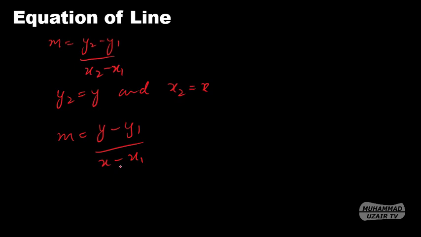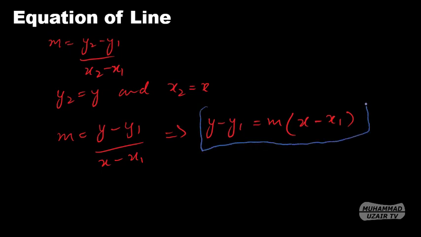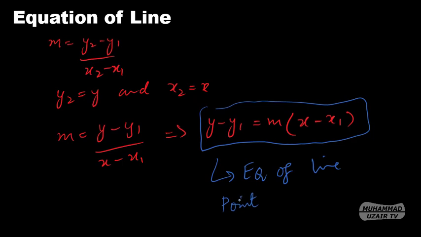Multiplying x minus x1 on both sides, we will get y minus y1 is equal to m times (x minus x1). So this is point slope form, this is point equation of line.